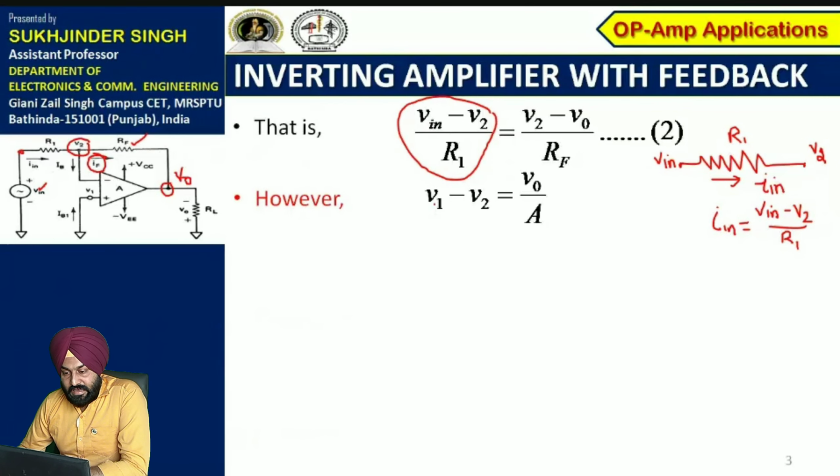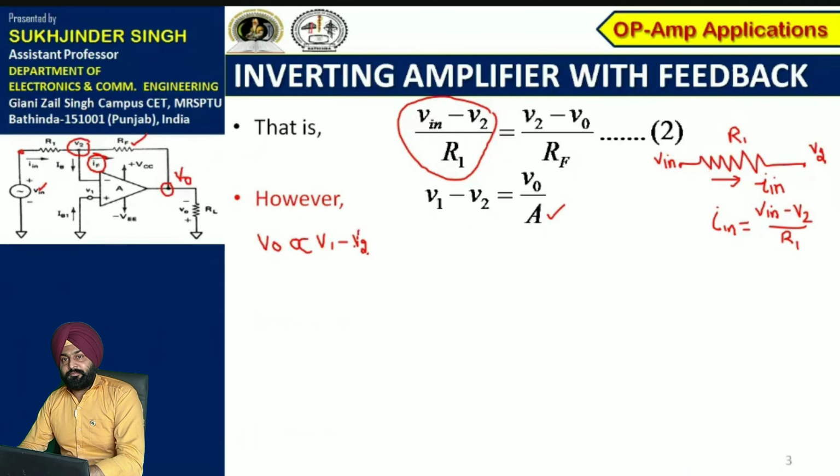However, as we know, V1 minus V2 is equal to V0 upon A. Here A represents the open loop voltage gain. As we know, the output voltage is directly proportional to the difference between the voltages across its two input terminals, that is inverting and non-inverting.